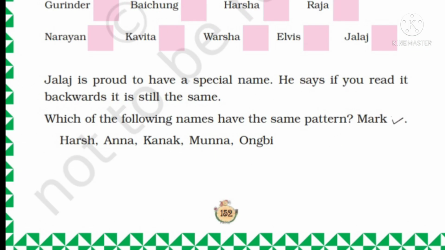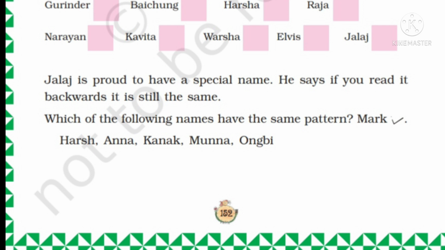Jalaj is proud to have a special name. He says if you read it backwards it is still the same. See, Jalaj, and if you read it backwards also Jalaj. That is the same. Which of the following names have the same pattern? Mark. Harsh, if you take it from backwards, it will be Hsrah. So it is not a special name.